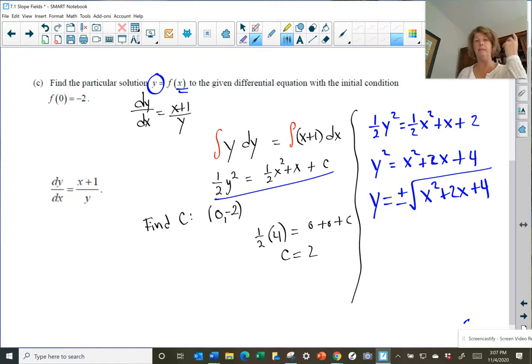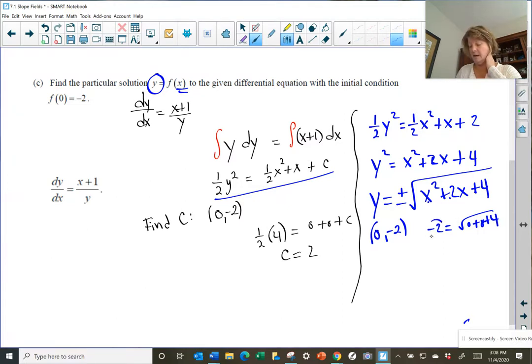Now, is it both solutions? Most likely not. Remember, it has to go through (0, -2), has to be on our solution curve. So if I put in 0 for x, I get the square root of 4.